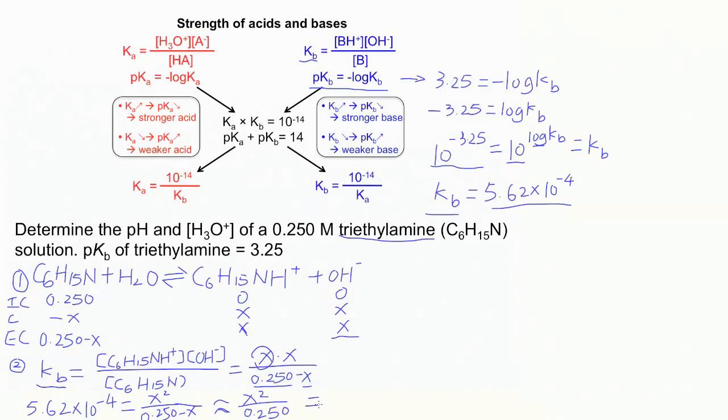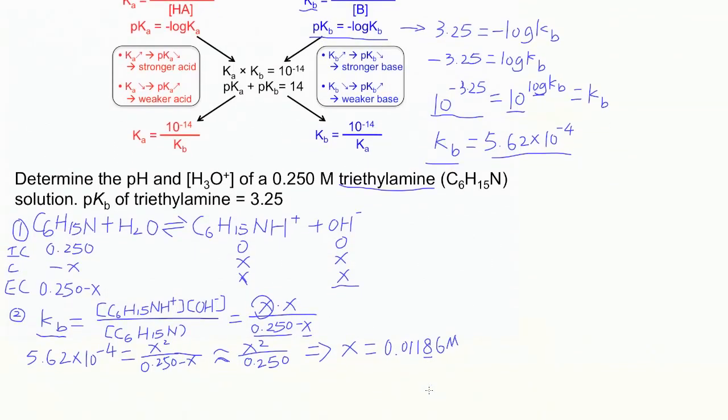So what you need to do next is to find out x. Multiply 0.250 on the two sides, take the square root, and you get your x value. What I got here is x equals 0.01186 mole per liter, 3 significant figures. All right, now let's think about the x.